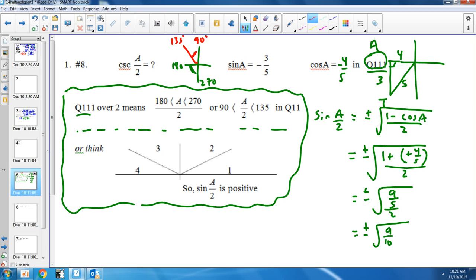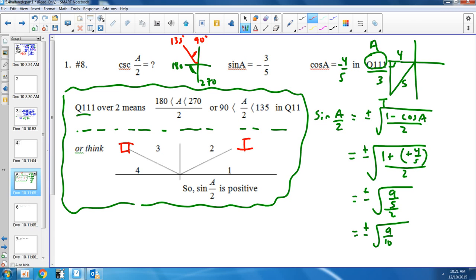What this is all about is it says that if you have A in quadrant 4, it's going to move to now quadrant 2. So these numbers represent the quadrants of your full angle. The new quadrants 1 and 2 refer to the half angle.